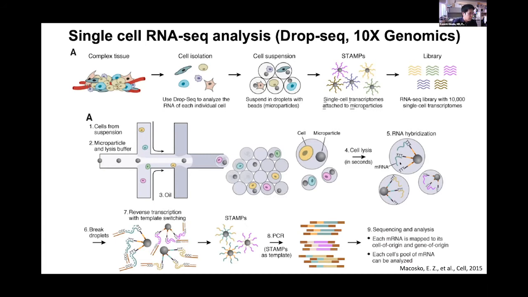After this, we break all the droplets and get everything together, but all molecules still have a unique barcode. Then we can track that each molecule is coming from each single cell. That way we can get the RNA gene profiles per single cell. That's how single cell RNA sequencing works.